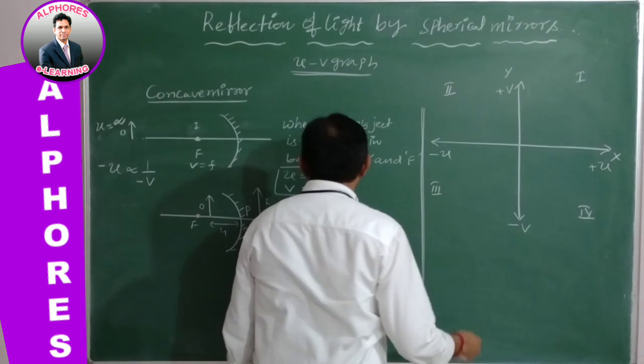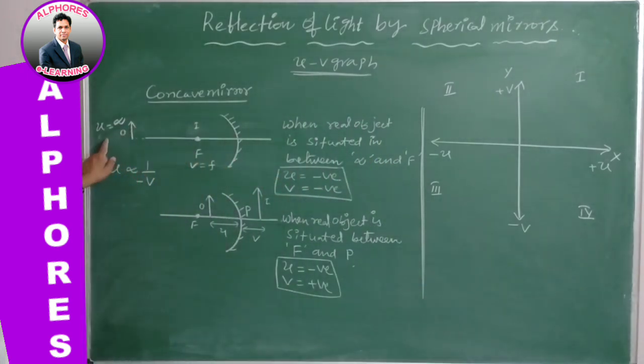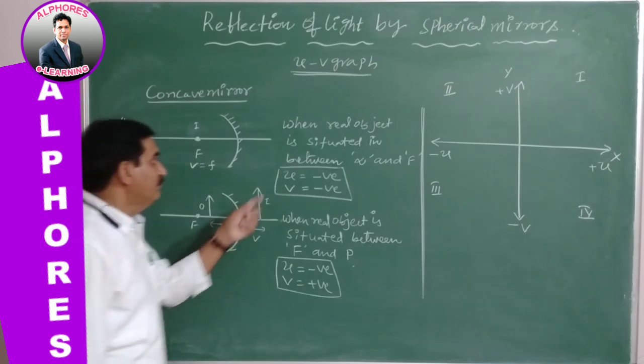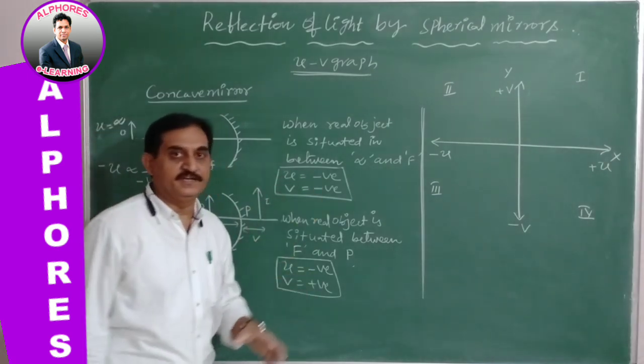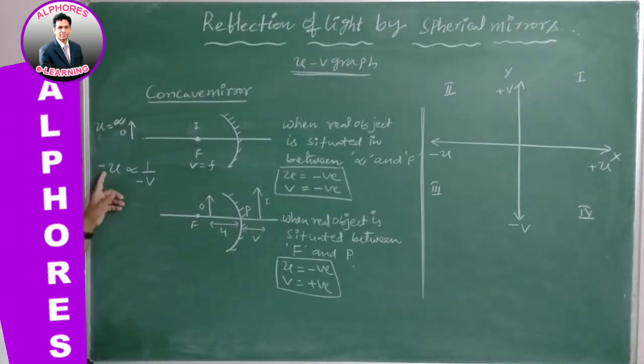then you will get a rectangular hyperbola in this first quadrant. But in our case, the object is real, and the corresponding image formed is also real. If both are real, their signs are negative. But their relation gives U inversely proportional to V, with signs minus and minus.